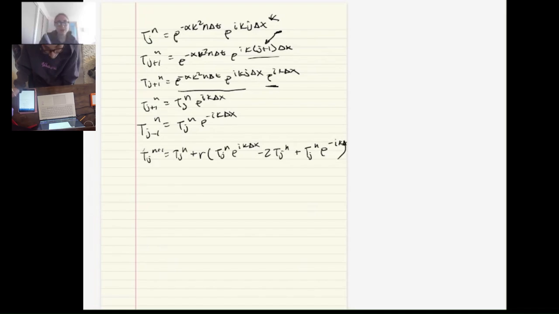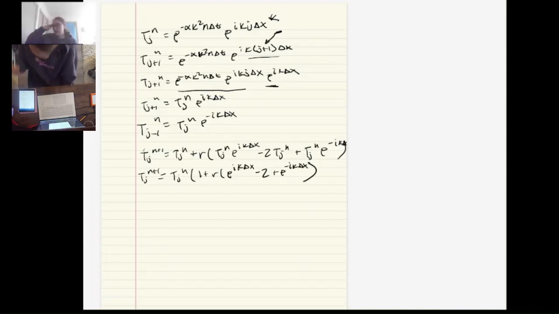Okay, and that's in parentheses. So we can pull out a T_j^n because all of them have T_j^n in them. So from that we have T_j^n equal to 1 times r, and then we have e^{ik delta x} minus 2 plus e^{-ik delta x}.